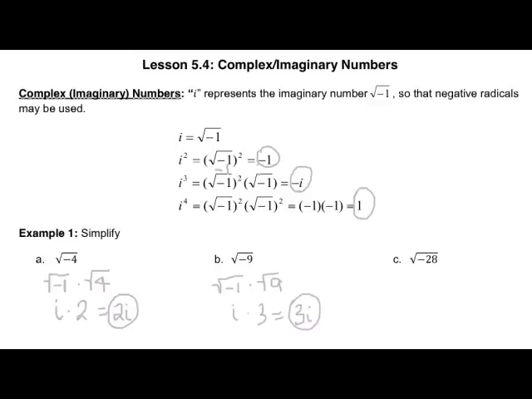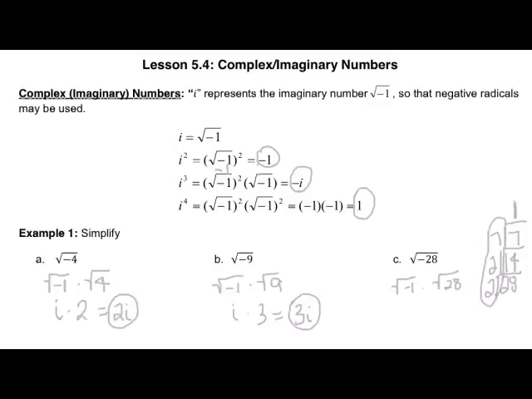And part C, square root of -28, so this is the square root of -1 times the square root of 28. Now 28 is where we need to look at our prime factorization. So I know I can divide 28 by 2, and that will give me 14. I can divide 14 by 2, and that will give me 7. 7 is divisible by 7, or 7 divided by 7 is our 1. Again, we want a 1 at the top, and then these are our prime factors.